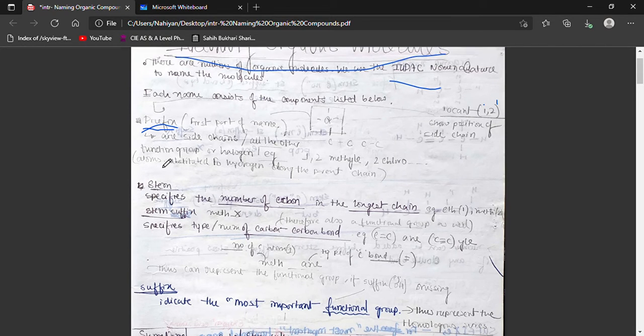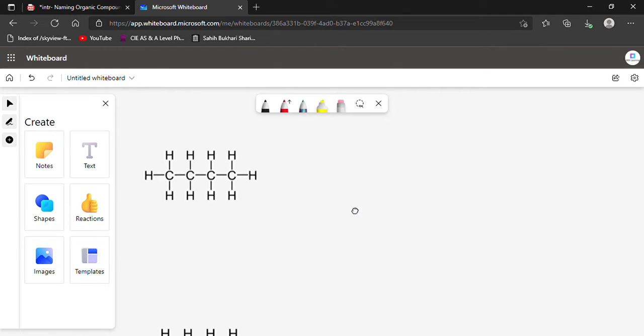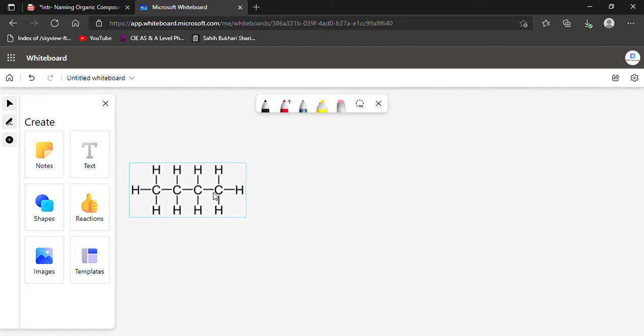First of all, the prefix can be side chains, for instance an alkyl. This is a butane. We can convert this so it has 1, 2, 3 carbons, but let's put the last carbon here, the CH3.